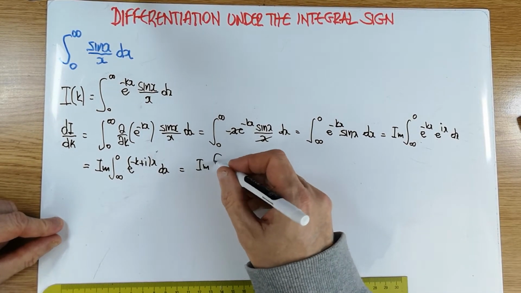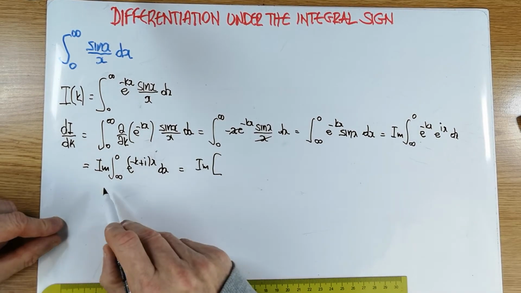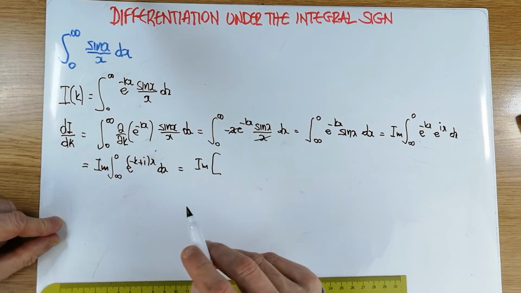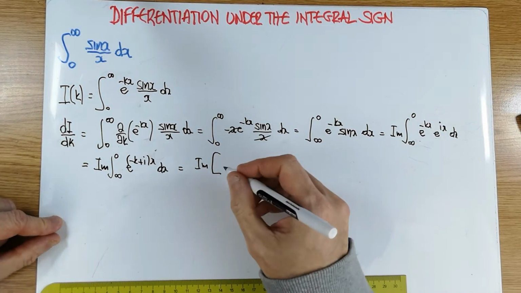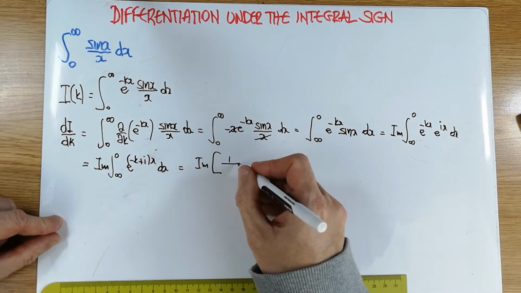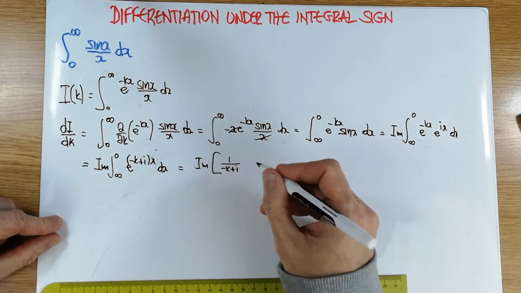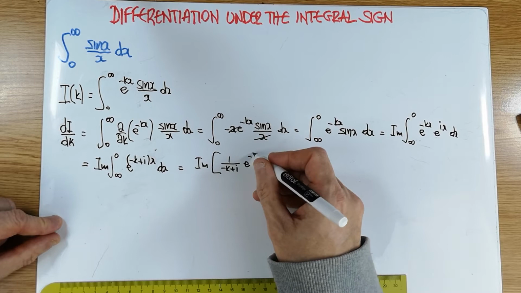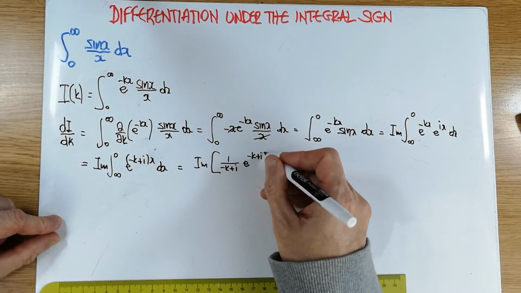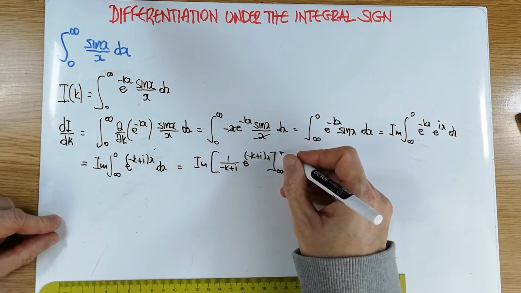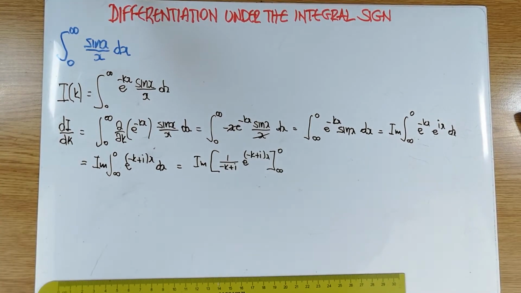Imaginary part. This bracket will double up as the argument of the imaginary part and also the evaluation brackets to put limits. Okay, so this is 1 over minus k plus i, e to the minus k plus i x, between the limits of infinity and 0.